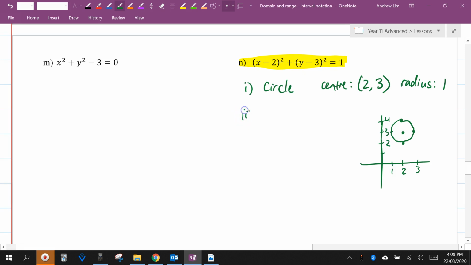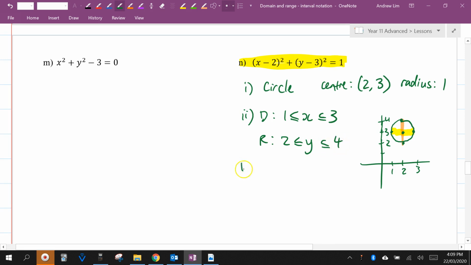That means that the domain is from here to here, which is 1 to 3. Therefore, 1 is less than or equal to x, which is less than or equal to 3. The range, however, is from here to here, 2 to 4. So 2 is less than or equal to y, which is less than or equal to 4.